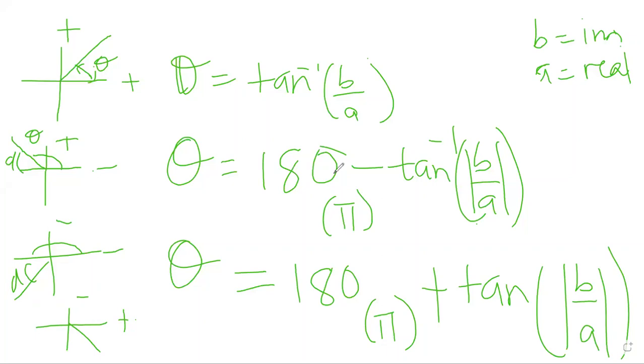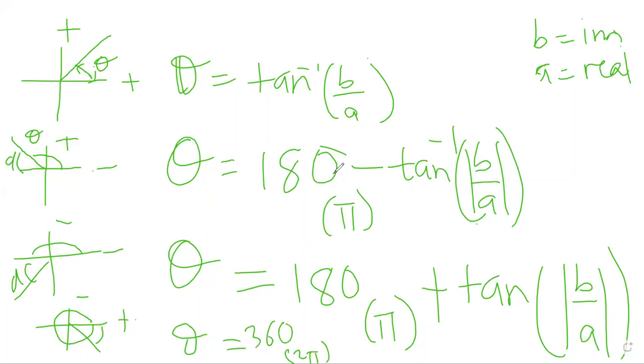Okay, so we have the next one. That is when the real axis is positive and the imaginary axis is negative. And that one, you can see that we have 360 degrees minus the acute angle. I hope you can see it. I know we are going a little fast, but I want you to see all of it so that you can understand what's happening.